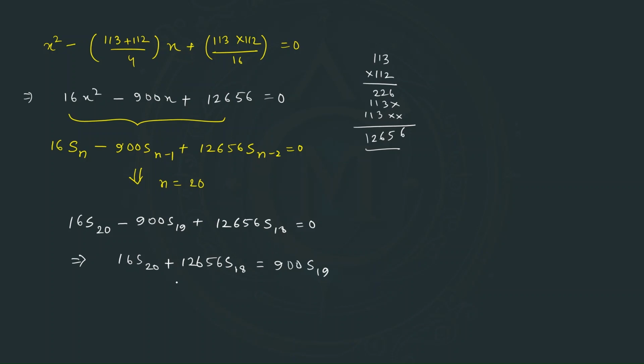If we take a 4 common on the left hand side, it will be 4 S20 plus 3164 S18, which equals 900 S19 divided by 4, that is 225 S19.